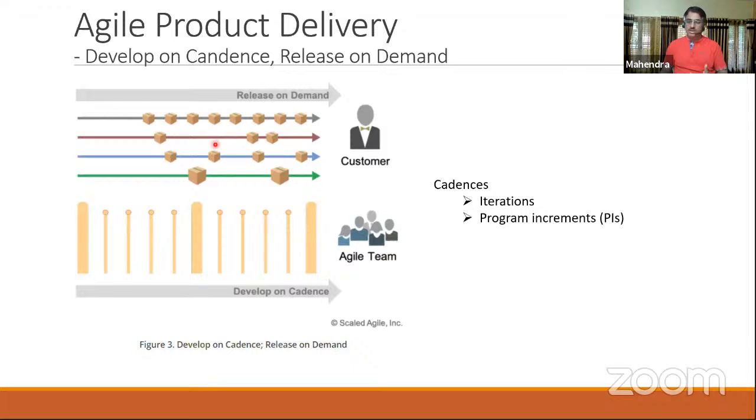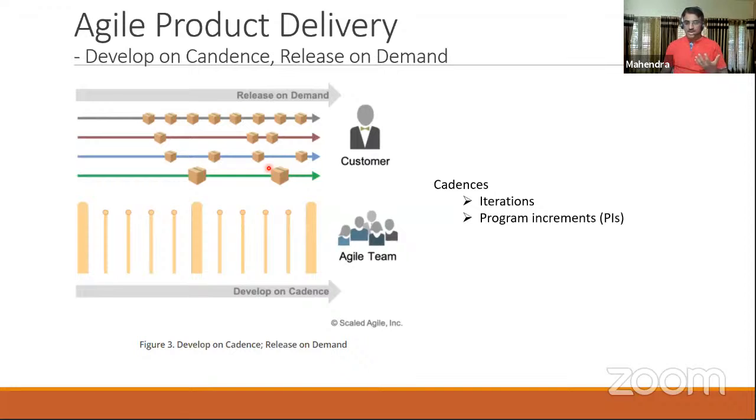If you have to release on demand, your engineering aspects need to be really strong. The way you manage your source code, the way you do your testing, the infrastructure for release, all those are foundational. So the teams develop on cadence, however they release on demand. The power to release is given to product management and the product business owners.